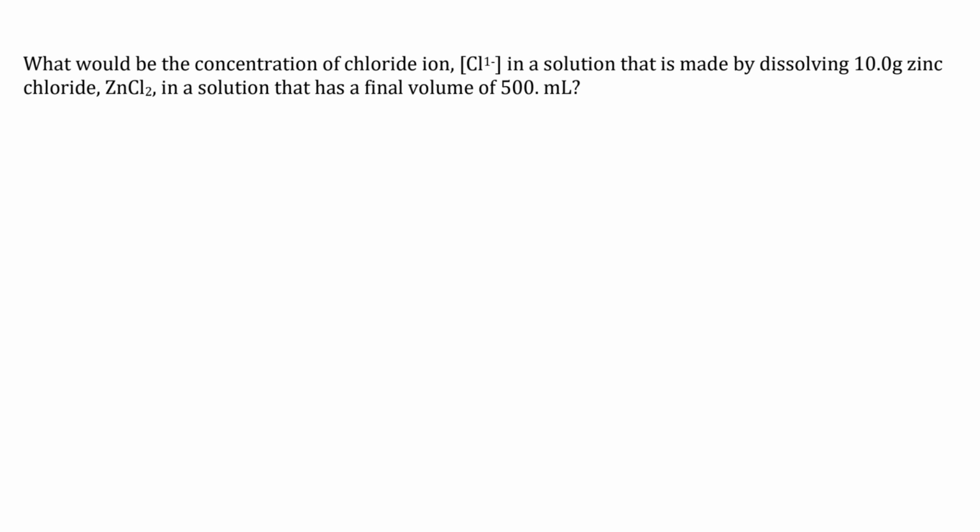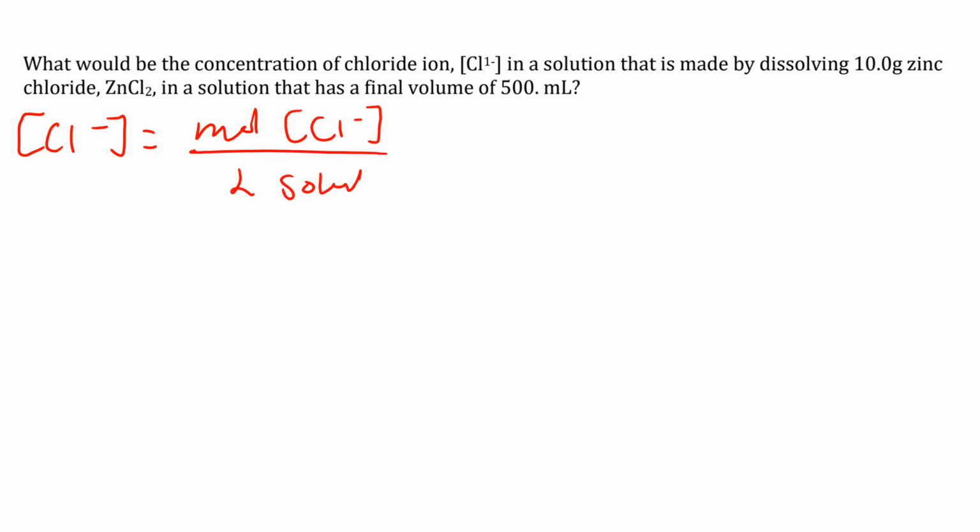So just so we're clear, the concentration of the chloride ion is the moles of Cl1 minus divided by the liters of solution. Since zinc chloride dissociates into Zn2 plus and 2Cl1 minus, we know that there are 2 moles of chloride for every zinc chloride.